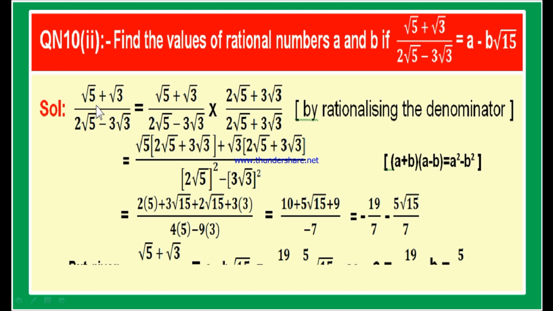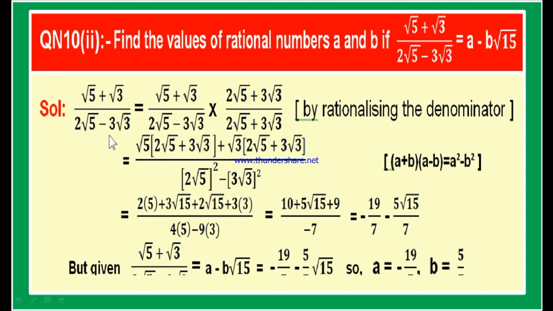Understood? We took (√5 + √3)/(2√5 − 3√3) and let us rationalize the denominator. In order to rationalize the denominator, we have to multiply both numerator and denominator with 2√5 + 3√3. Understood?